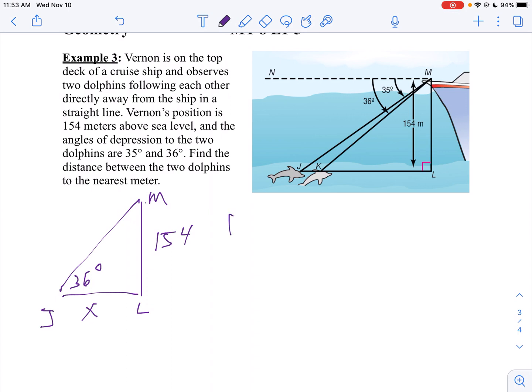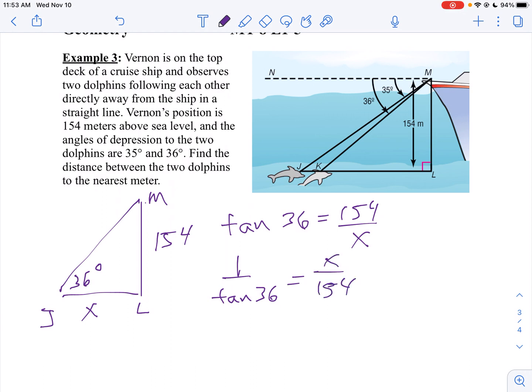I'll say, oh, the tangent of 36 equals 154 over X. And once again, X is in the denominator, so I'm going to say 1 over the tangent of 36 equals X over 154. So then I multiply both sides by 154.